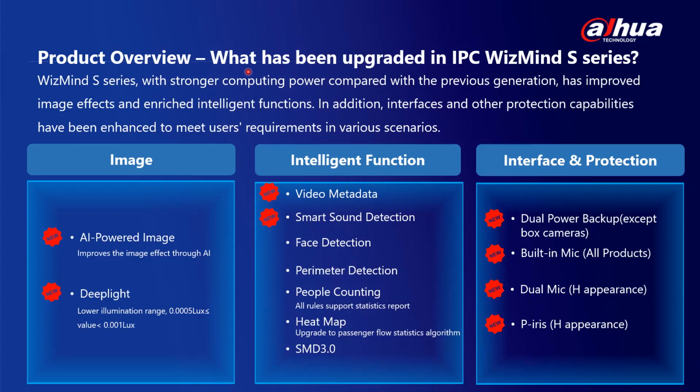This is the ability of the product to detect different sounds from different items that are producing different sound effects, for example glass breaking, people shouting, etc. The product can differentiate between all those noises or sounds produced by different entities outside. We have face detection, perimeter detection, and people counting, that support all the rules that can provide you with different statistics reports.